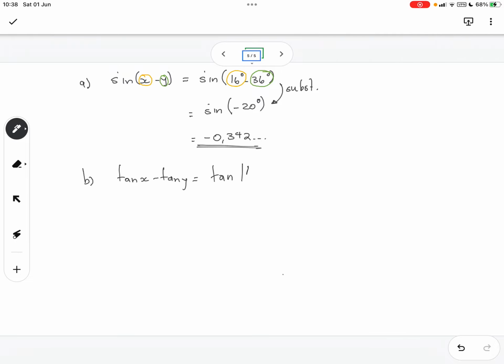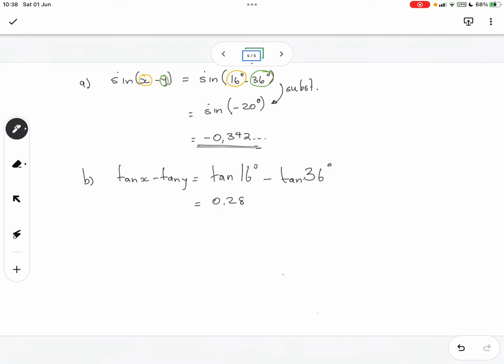So we're going to substitute, and in the place of x we put 16, and in the place of y we put 36. Then we're going to go to our calculators and look for the tan of 16.